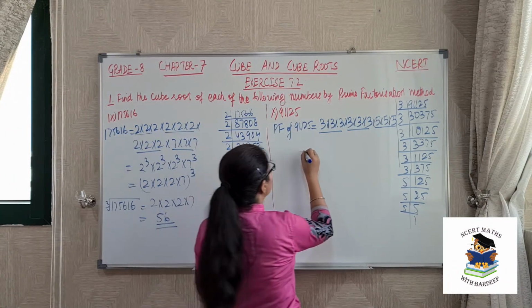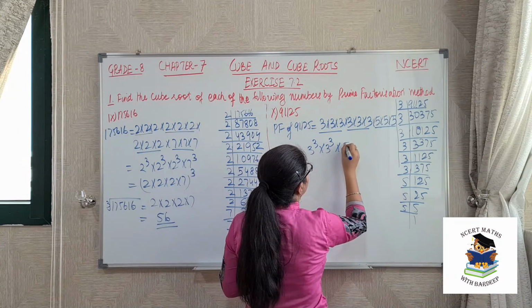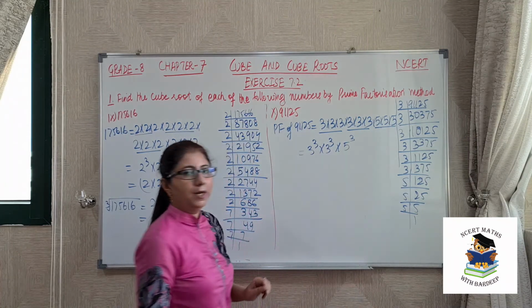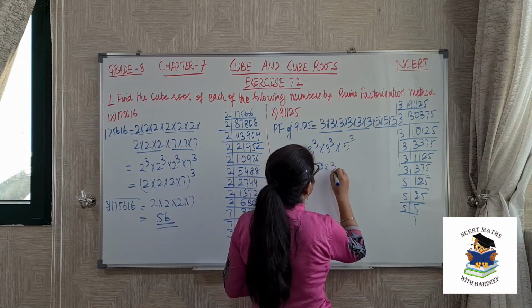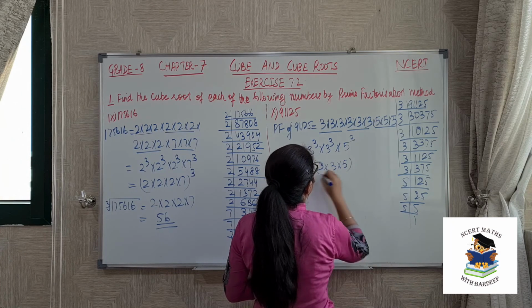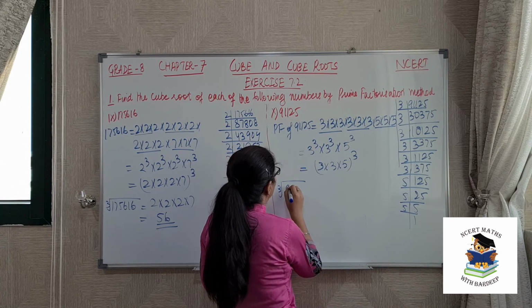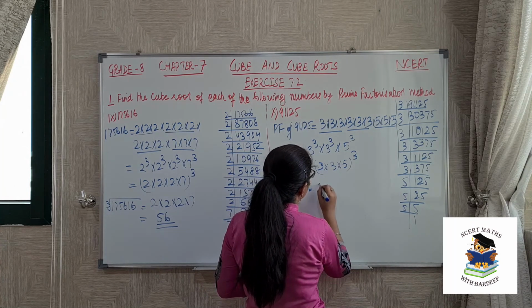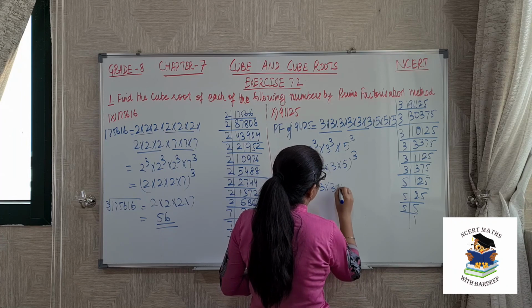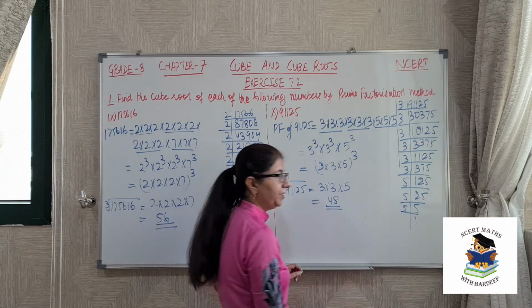So we will write this as 3 raised to power 3, 3 raised to power 3 and 5 raised to power 3. So take the power out. So 3 into 3 into 5 whole raised to power 3, and then the cube root of 91125 is this product, that is 3 into 3 into 5. So 9 5s are 45.